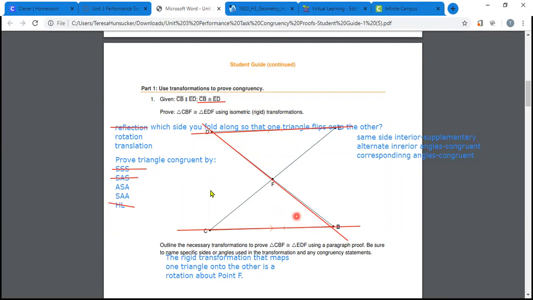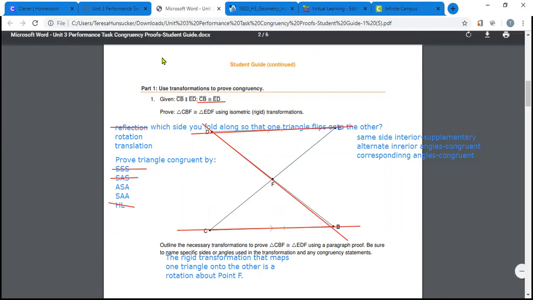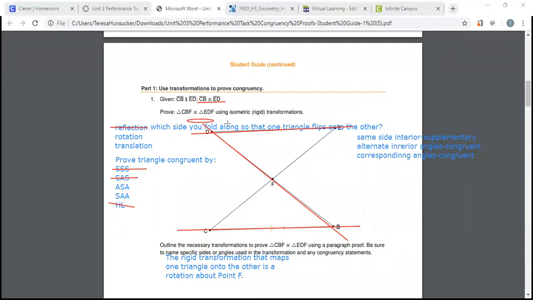But corresponding angles, just a reminder, is these top 4 angles would slide onto these bottom 4. And we could say that this angle here would slide onto this angle here, right? But those are not angles inside the triangle, so that's not going to help us.